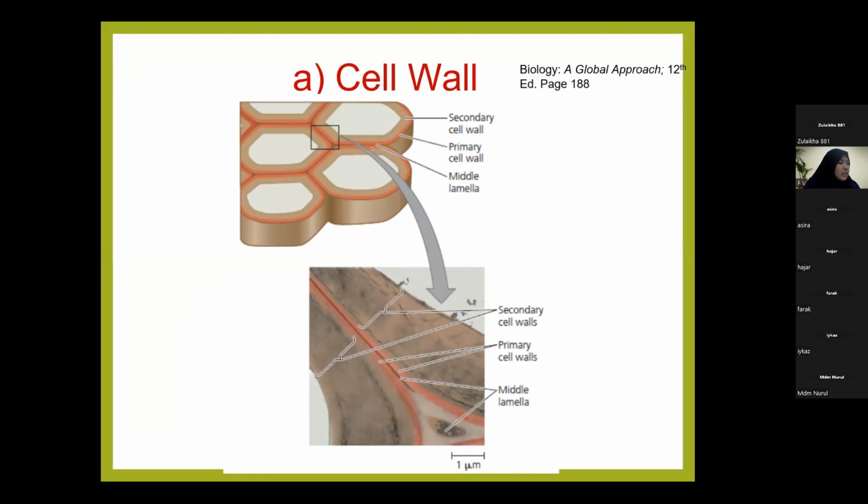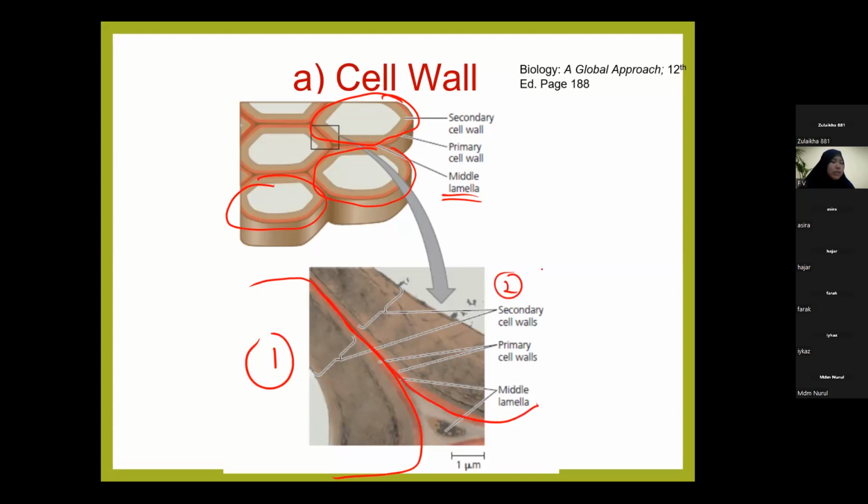The orange color. So again, this is one plant cell. This is another plant cell. This is another plant cell. So satu plant cell dengan plant cell yang lain is glued together by middle lamella. So you tengok yang warna orange tu adalah middle lamella. So ini ialah cell number 1 contohnya. So yang sebelah yang sini adalah plant cell number 2.